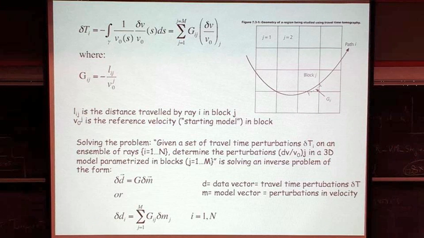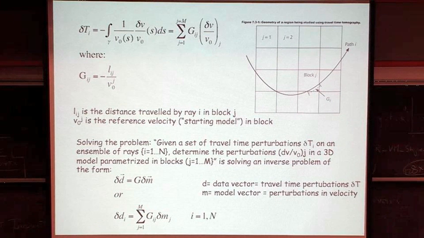This is all the travel time perturbations at all of your stations, put into a vector of size n, where n is the number of data that you have, the number of stations, equals this matrix G, whose elements are this, times your delta m, which is your perturbation to the model, which is essentially the difference between the 3D model that you're trying to determine and the reference model, say the 1D model. So you can write this like this, or you can, of course, express it explicitly in this form.